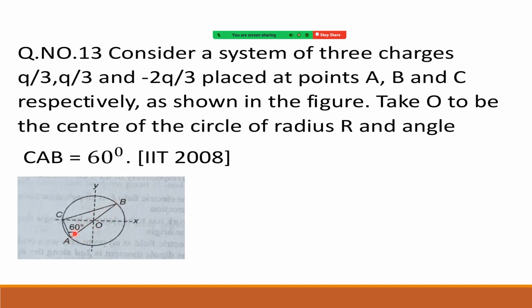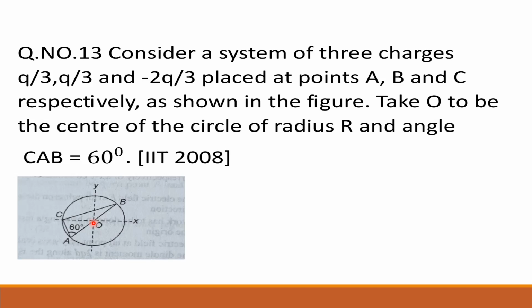You just imagine at point O there is a unit positive charge. We have discussed that whenever we calculate electric field at a point, at that point imagine a unit positive charge, right? So at center O, imagine a unit positive charge.